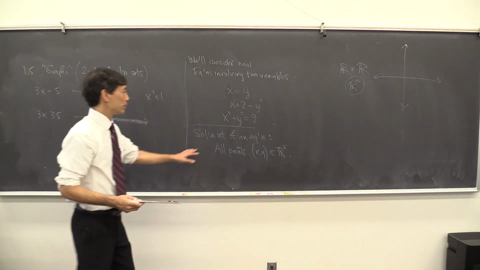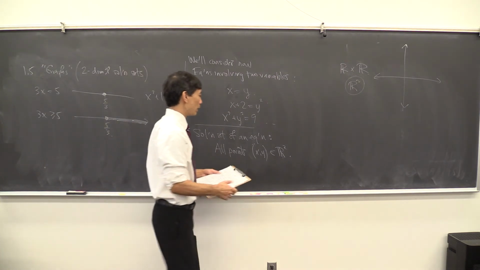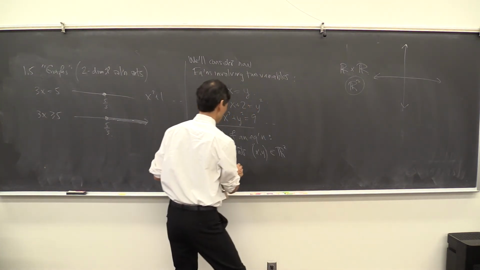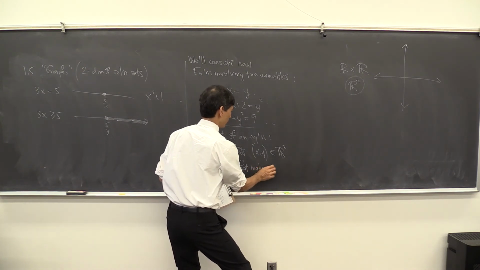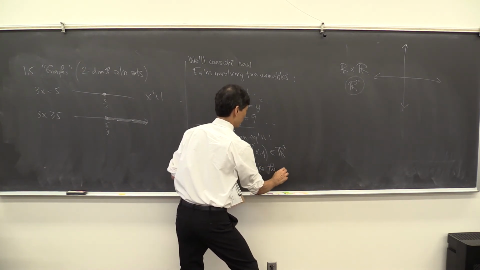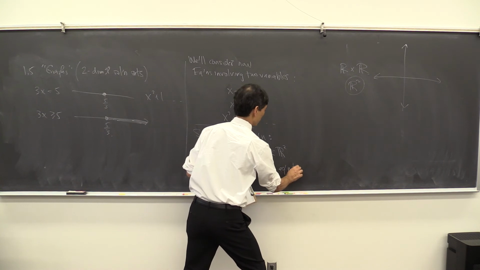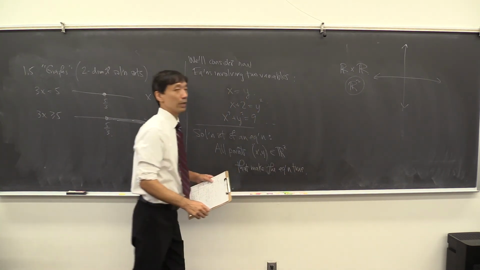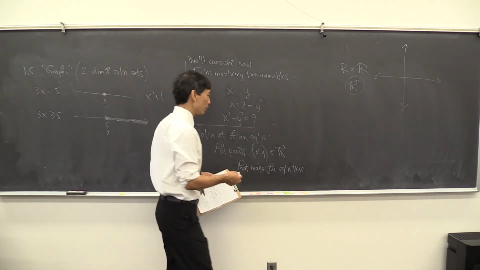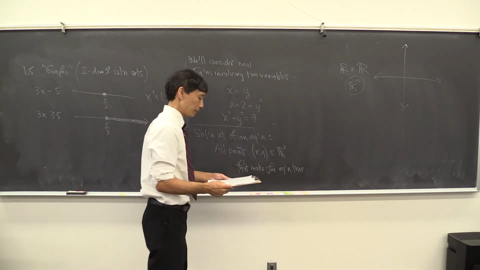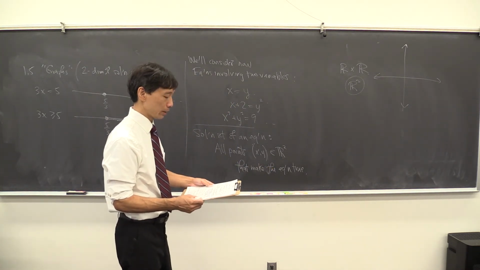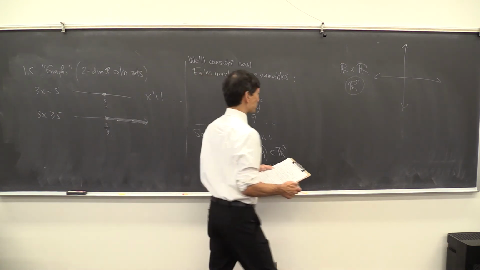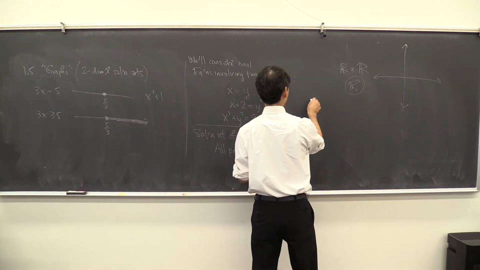Its solution set is all points in the plane that make the equation true, all points for which the equation is valid. And we have this thing called the graph.